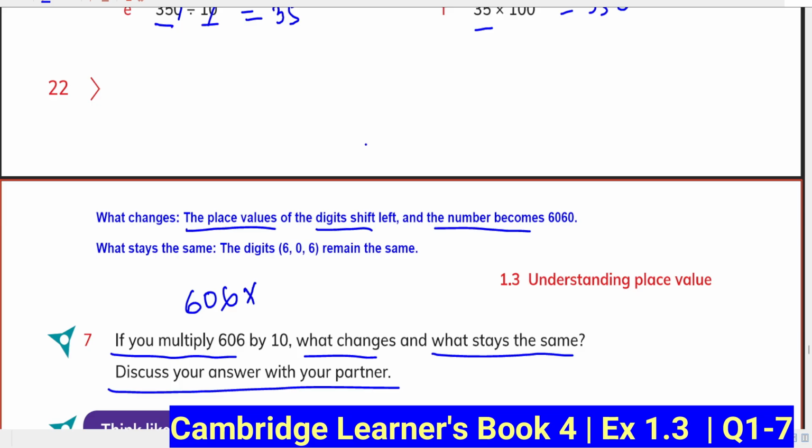Once we multiply by 10, the result will be 606 with a 0 after it. So all the digits shift to the left side like this. And what stays the same? The digits remain the same. Initially 6, then 0, then 6. Here also the same thing: 6, then 0, then 6.